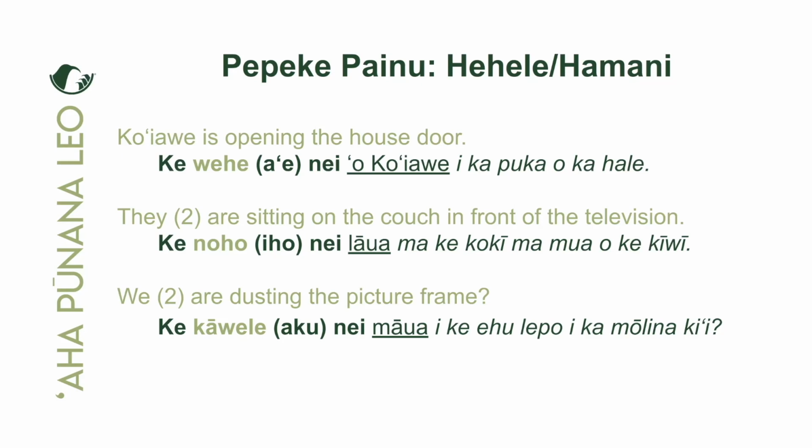In Hawaiian, we would say ke kaw ele aku nei maua i ke ehu lepo i ka molina ki'i. There's a rise and a fall in the intonation, and it's a long one, so we gotta hold it out.